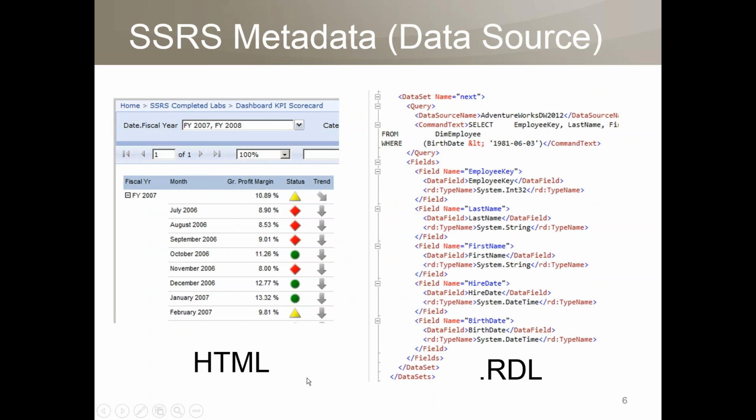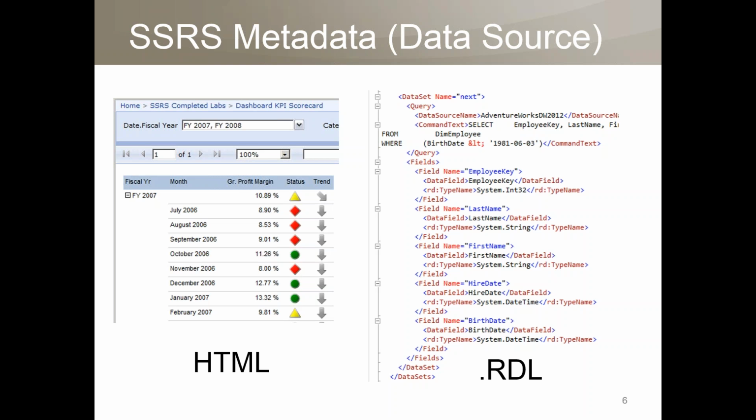All right, if you look at any report, what you typically see is all the HTML rendering, but of course behind the scenes there is a file. It has the extension RDL. It is an XML compliant file, and it stores all this metadata.